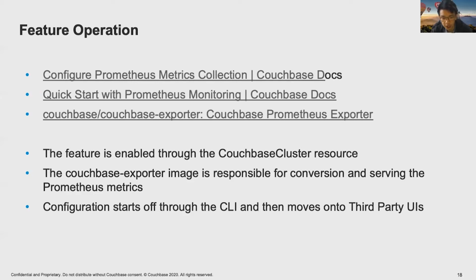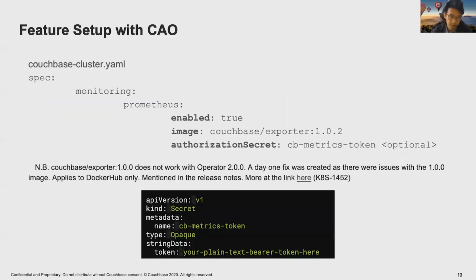So our configuration starts through the CLI, which is your standard kubectl create Couchbase cluster YAML. Then you move on to third-party UIs when you want to configure your Prometheus setup and your Grafana setup. So as I mentioned, in our Couchbase cluster spec, you go into monitoring, Prometheus, and then enabled true.